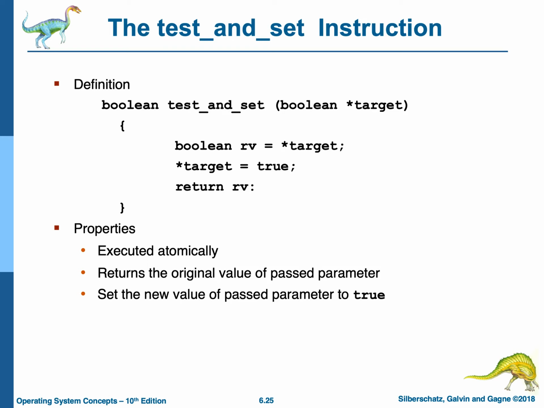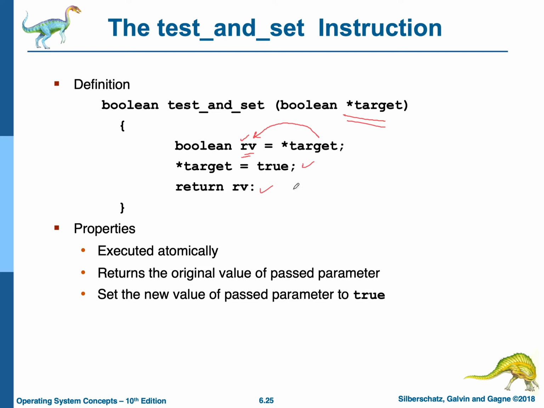Okay, so here we can see that we have a target pointer, right, and we have an RV variable. The value of target is assigned to the RV, and then target is made true, and then we return the RV.